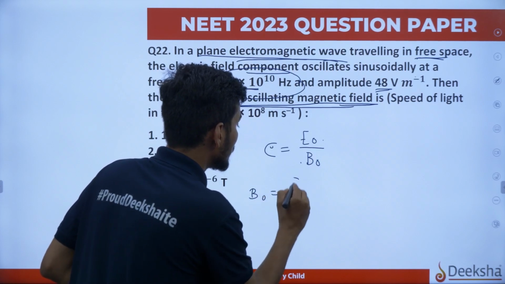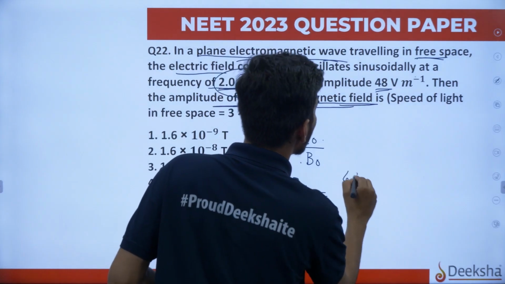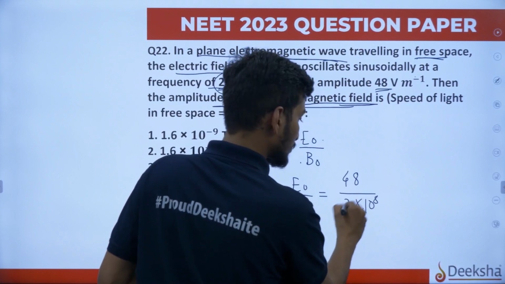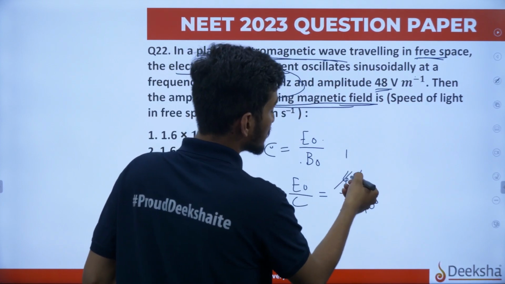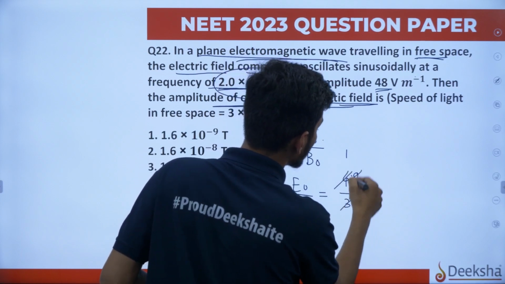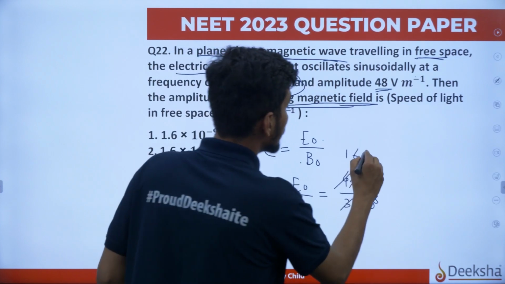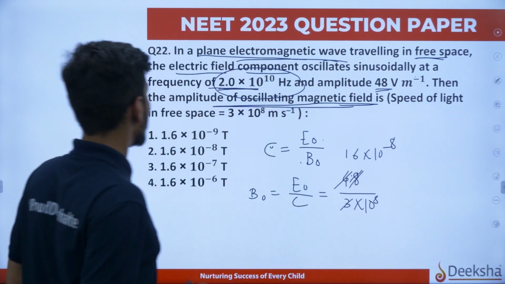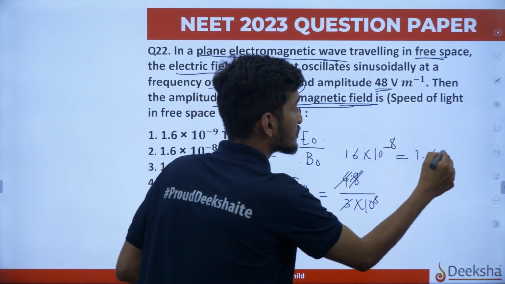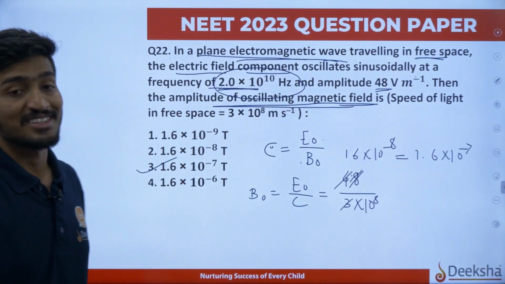B naught will simply be E naught by C. Put the values, amplitude is 48, let's divide that by C, that's 3 into 10 to the power 8. Now if I do that, you get 16 into 10 to the power minus 8, or 1.6 into 10 to the power minus 7, and that should be the correct answer, isn't it?